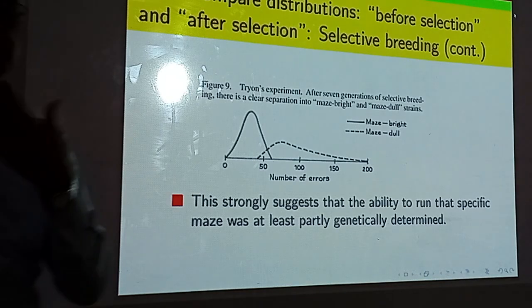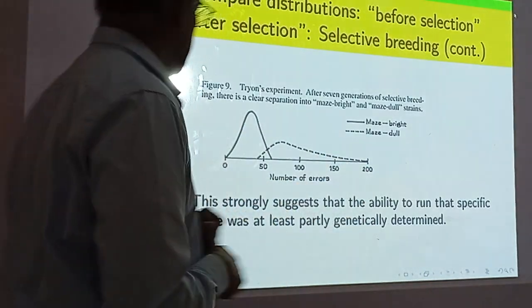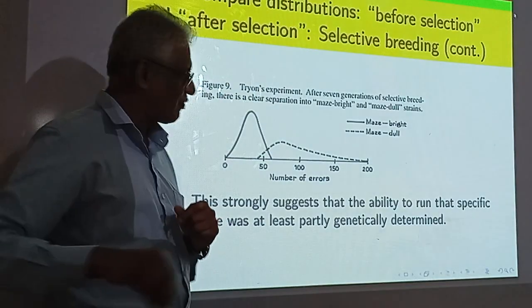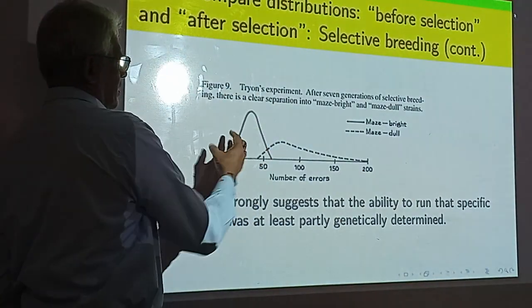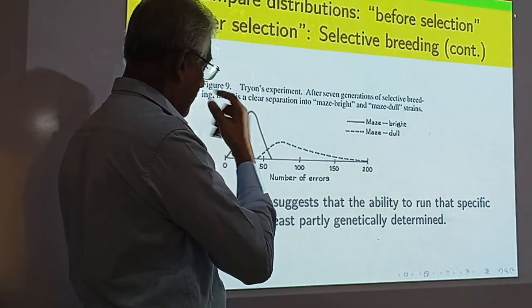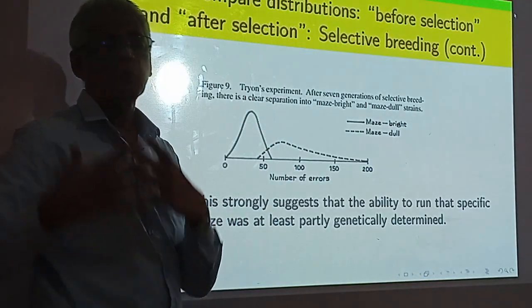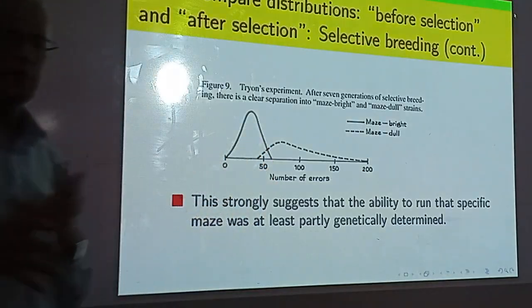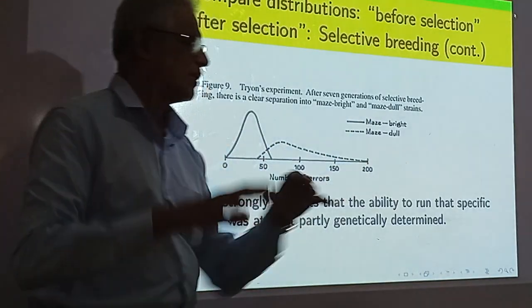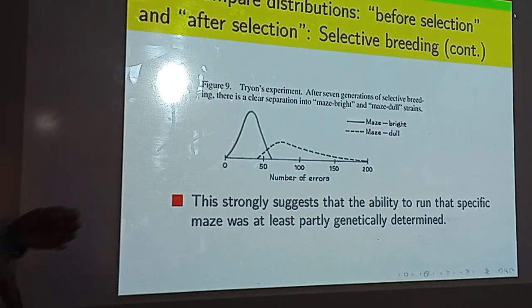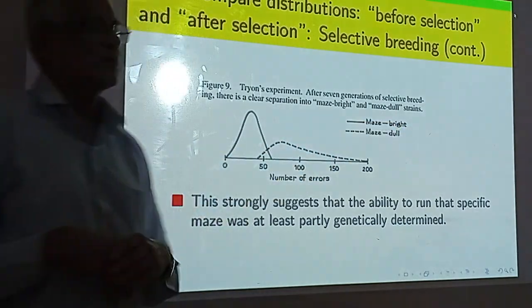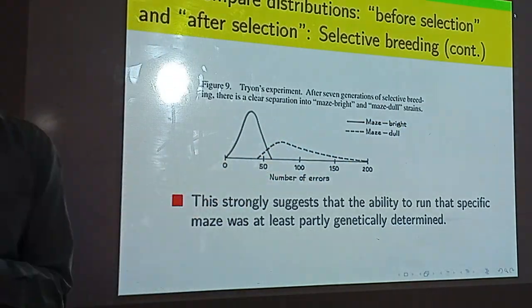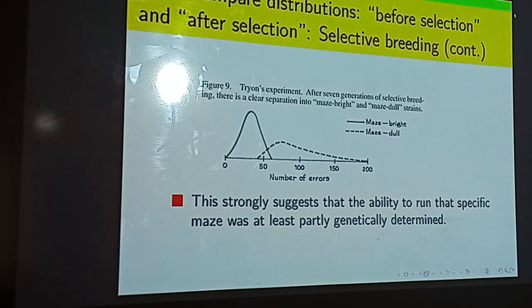This is the ability to run the maze only. So the intelligence factor for that was very high, with a very low number of errors. That means the intelligence factor was high for the bright ones. The other one was completely different. It is skewed but almost separated, except for a small overlap.